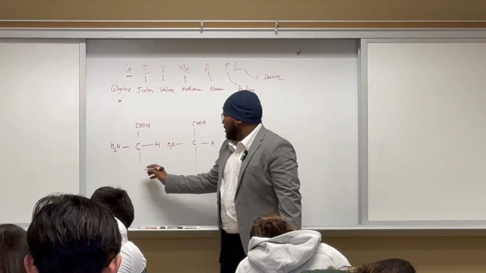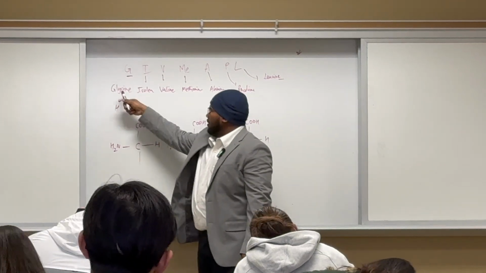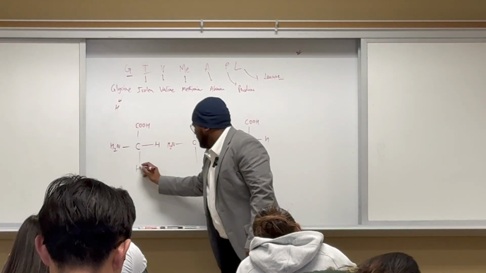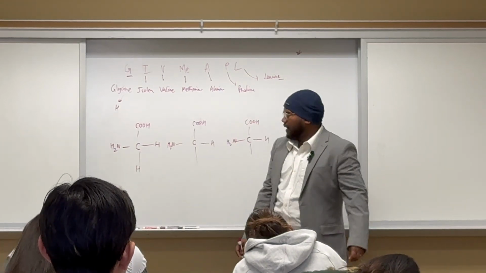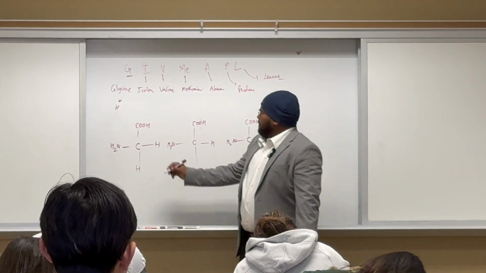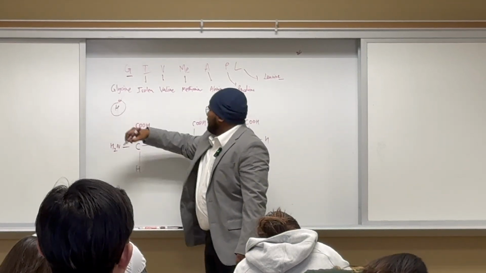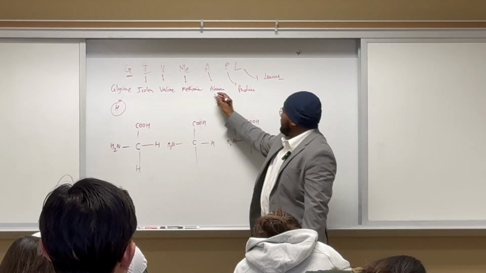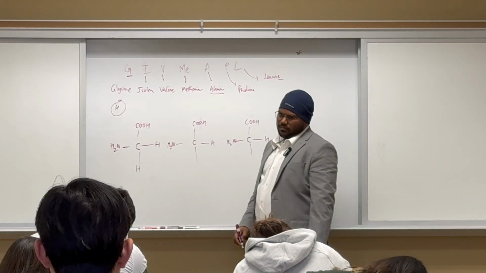The first R group is glycine, which is the simplest, and glycine has a hydrogen, which is H. So we'll remember glycine first, and there's an order in how we remember. Second is alanine.